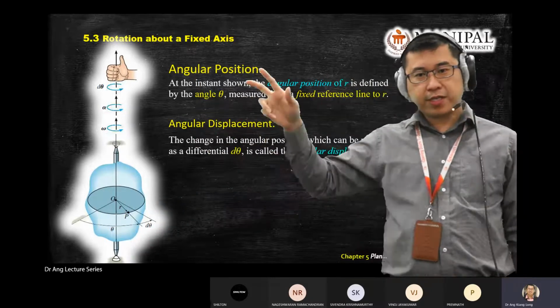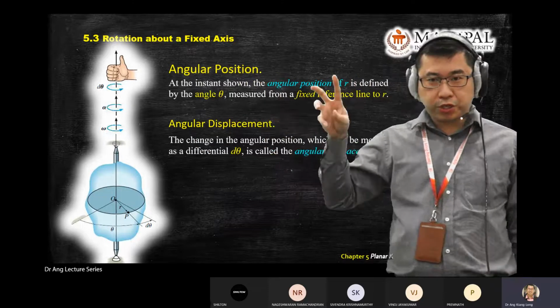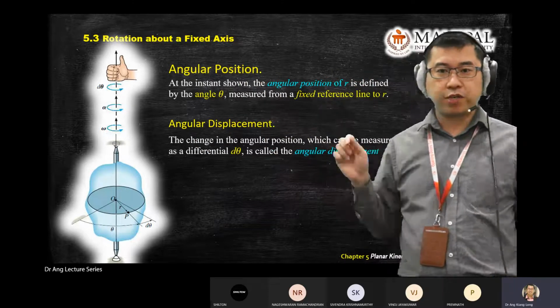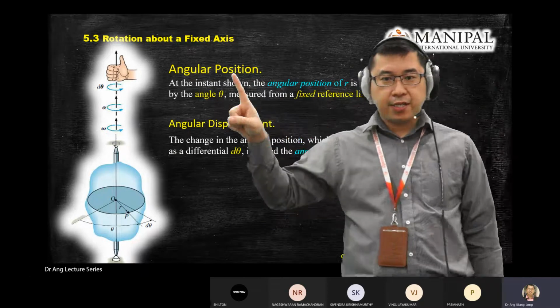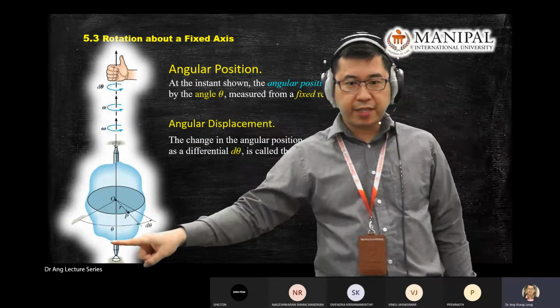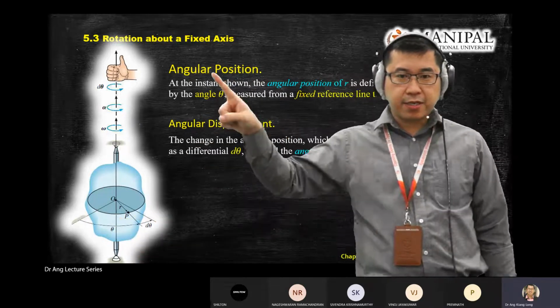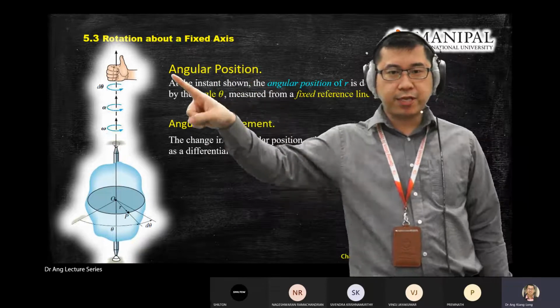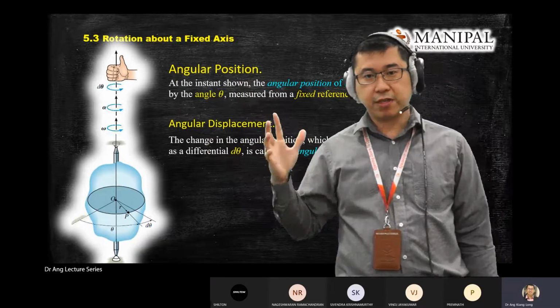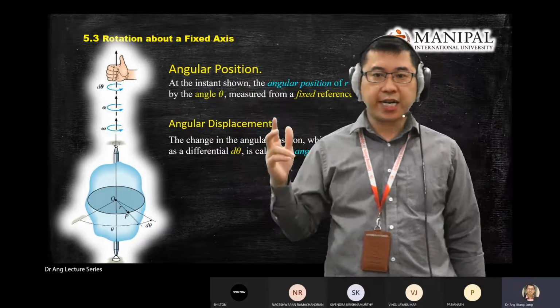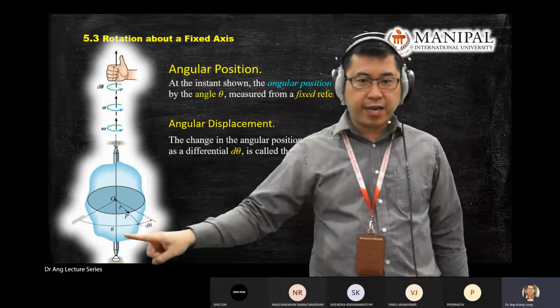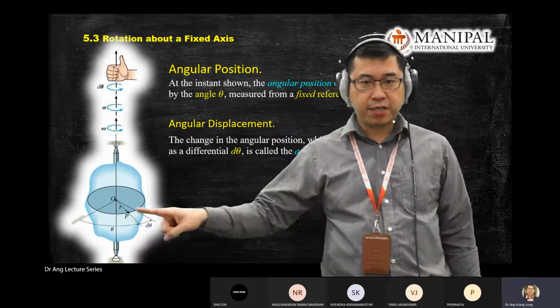So you will see this wording during the question or during the tutorial question. It asks you to find something. If it asks you to find the angle theta, it means angular position. So if you are asked to find the angular position after a certain time, after 2 seconds, 3 seconds, what is the angular position? It means find the theta here.